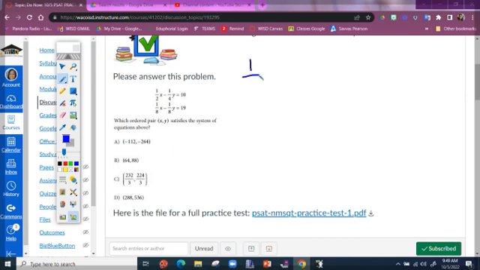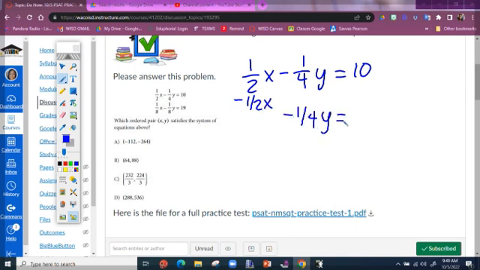So if I had 1/2 x minus 1/4 y equals 10, the first thing I'm going to do is subtract the half x, right? So I subtract 1/2 x, and I'm left with negative 1/4 y equals negative 1/2 x plus 10. Right?